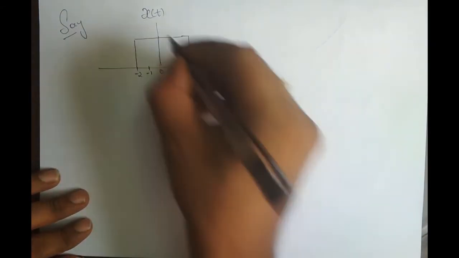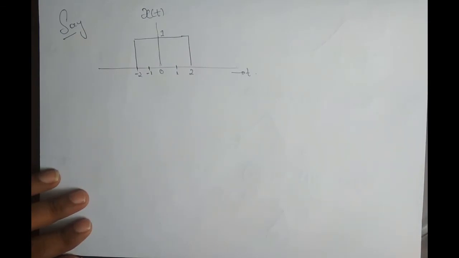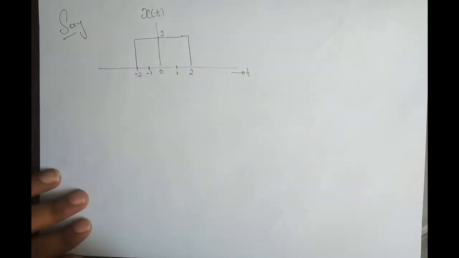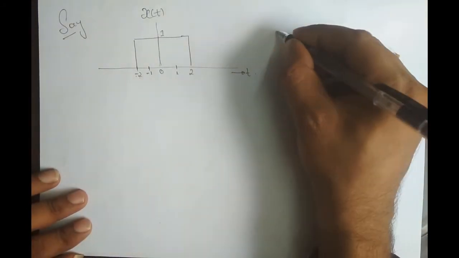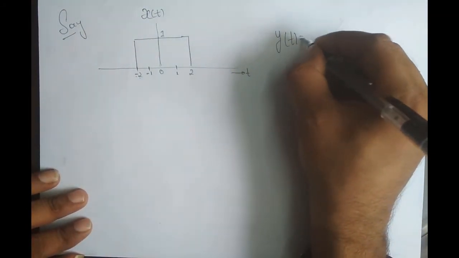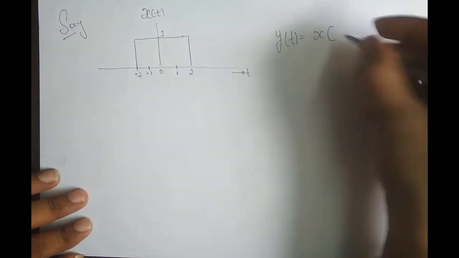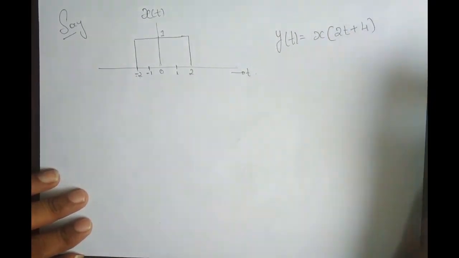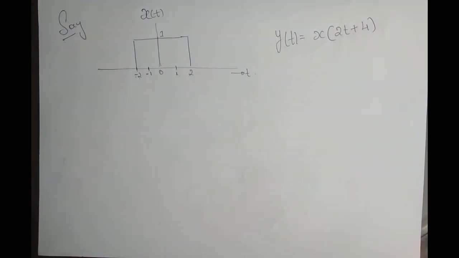Okay, this is the independent variable t, and I have amplitude 1. Fine. So it is starting from minus 2 and ends at 2. Its amplitude is 1. It's a rectangular pulse. Okay, and I want to sketch y of t is equal to x of 2t plus 4. I want to sketch the signal x of 2t plus 4.